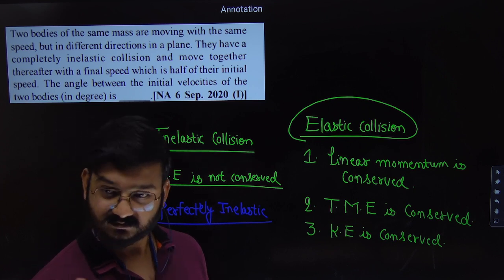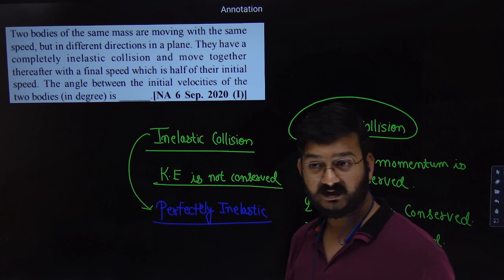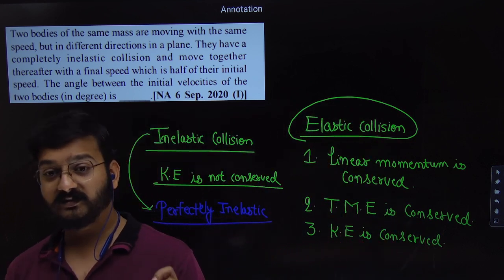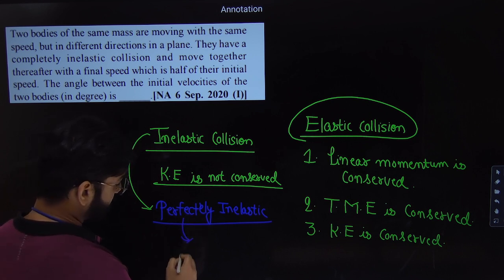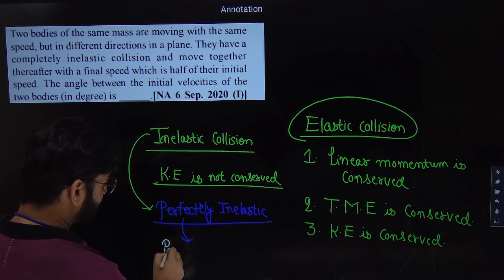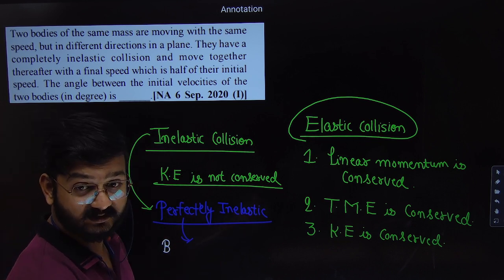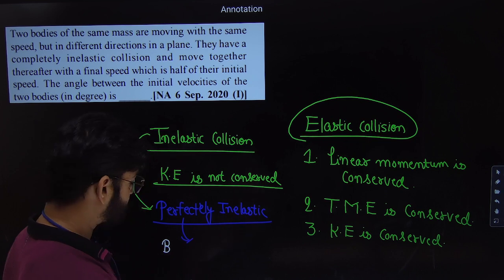Okay. Funda is clear. So in perfectly inelastic collision, what is the funda? Both combine and move together with a common velocity. You can write down the statement. I am writing both objects, maybe three objects also. Okay, so I am taking a simple case of both objects.